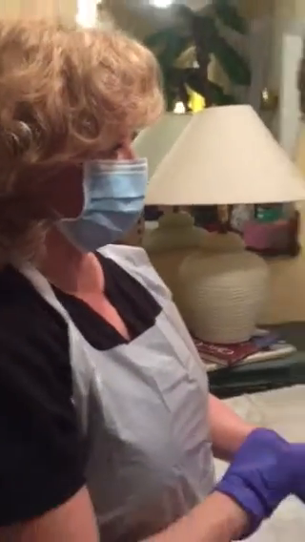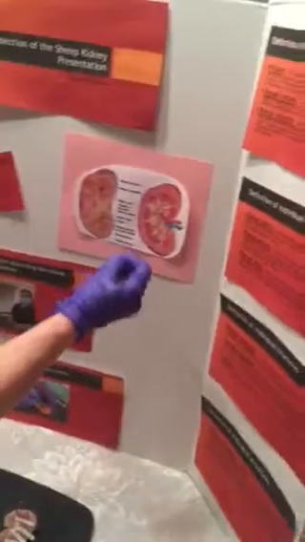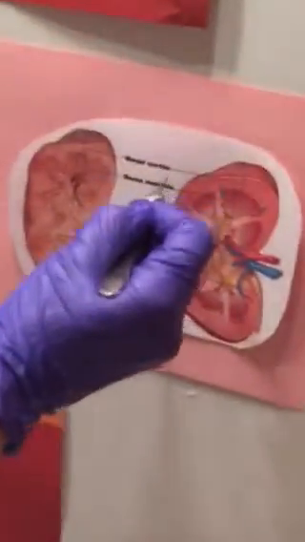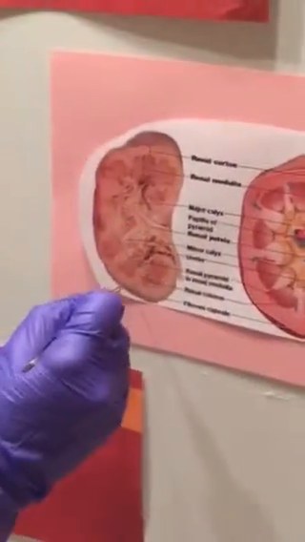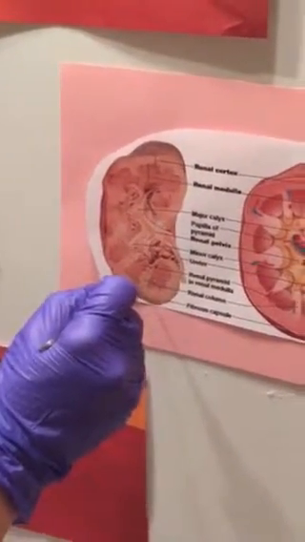Those are all the external anatomy of the kidney. And then there are also 3 distinct regions of the kidney. We have the cortex, the medulla, and the pelvis. You can see the renal cortex right here, which is the lighter portion of the superficial region of the kidney.